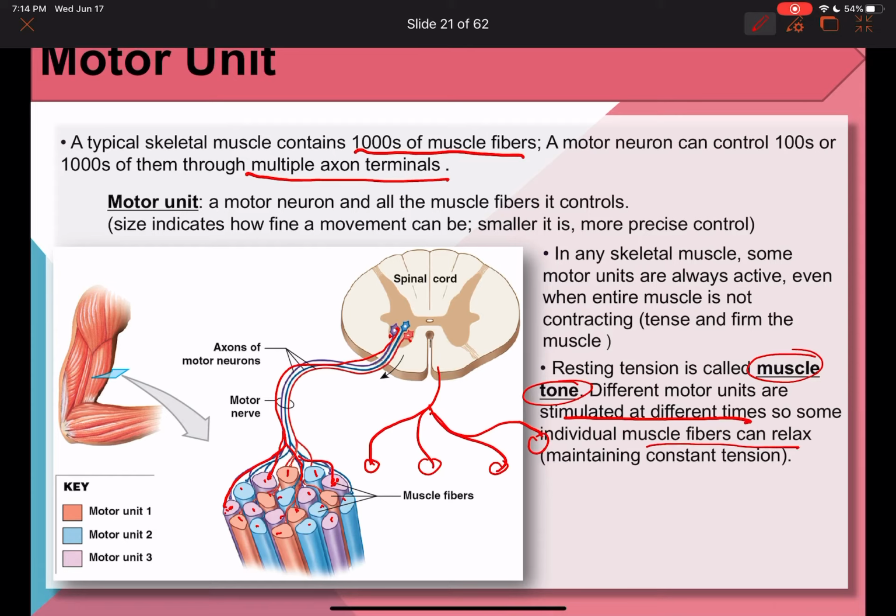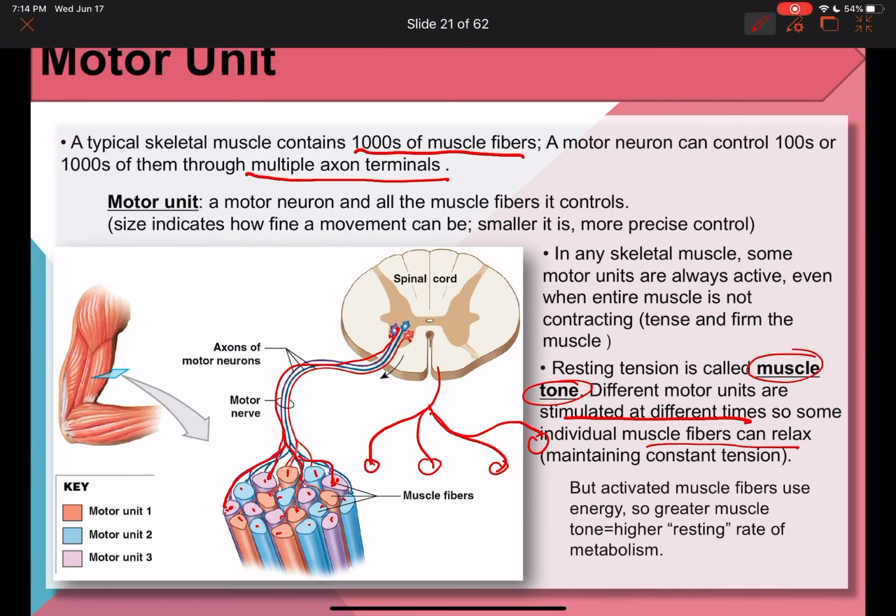So even though you're just sitting there not really doing anything, the fact that you have muscle tone means that your muscle motor units are taking turns doing something. They might not be at complete tetanus, okay, but they are doing some contraction of some sort, even when we're just sitting down.